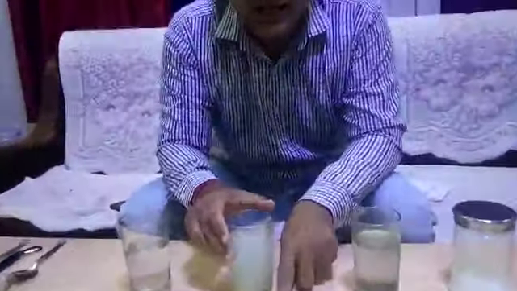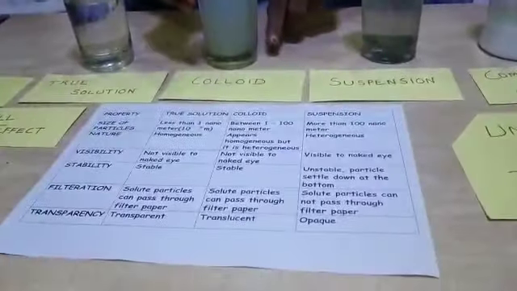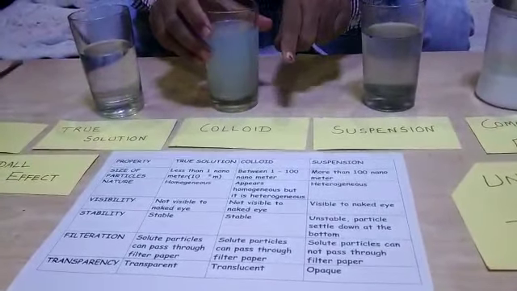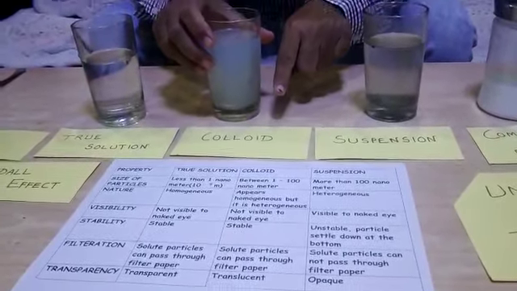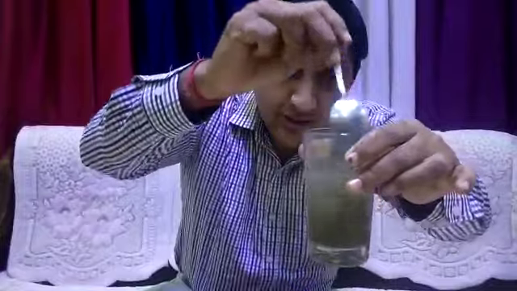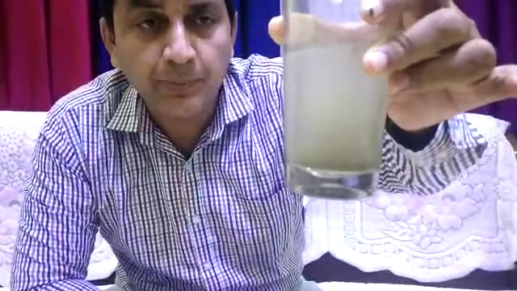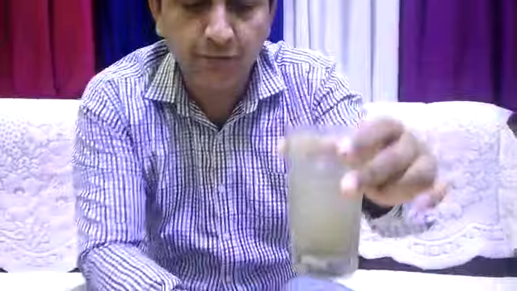The particle size is such that the particles of colloid will also pass through the filter paper and no residue will be left behind. But when you talk of suspension, you can clearly see the particles of dust or sand are so big that they cannot pass through the filter paper. So there will be a residue left behind for suspension.